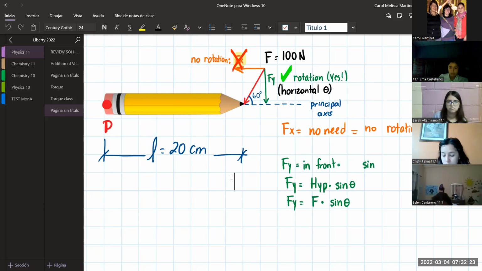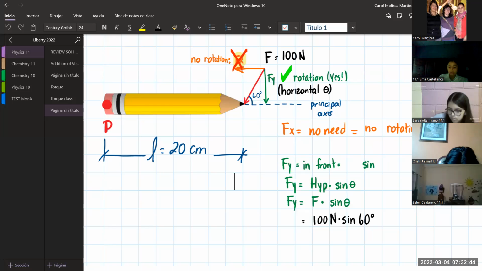We substitute the givens, which are 100 Newton times sine of 60 degrees.